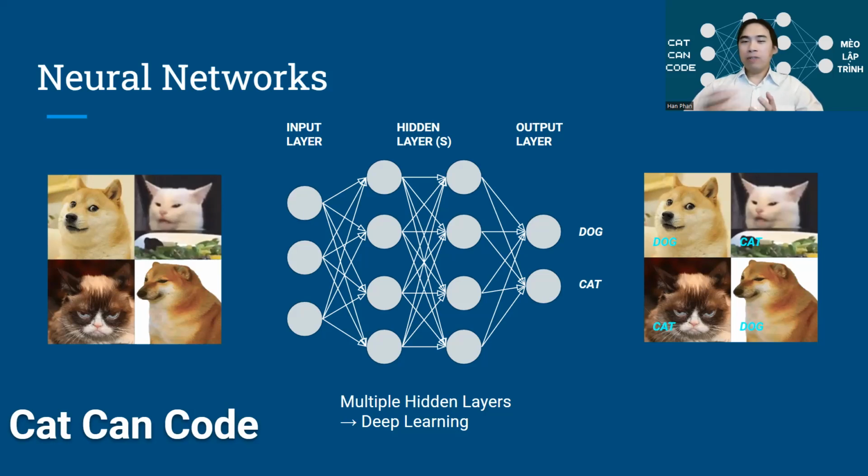With that information, we can go into further layers where we can have a more meaningful understanding of those curves, lines, areas, and colors. And from there, we can form more information to make the decision on whether the input picture has a dog or a cat in the output layer.